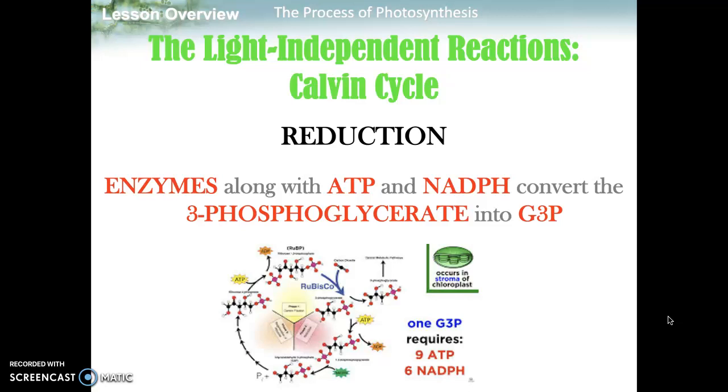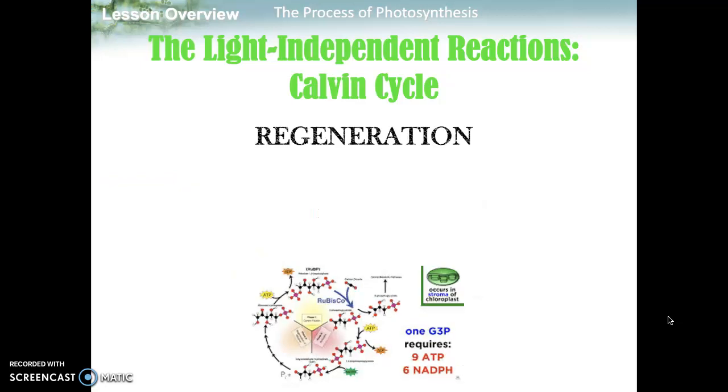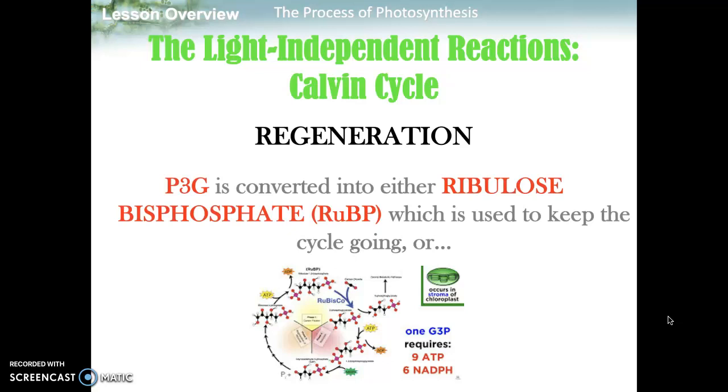So where do we go once we have produced our G3P? Remember, this is a cycle. It just keeps turning over and over. We get what is called regeneration. Okay, we're going to regenerate what we start with, and what we started with was RuBP, ribulose bisphosphate. So, two things can happen to that G3P.